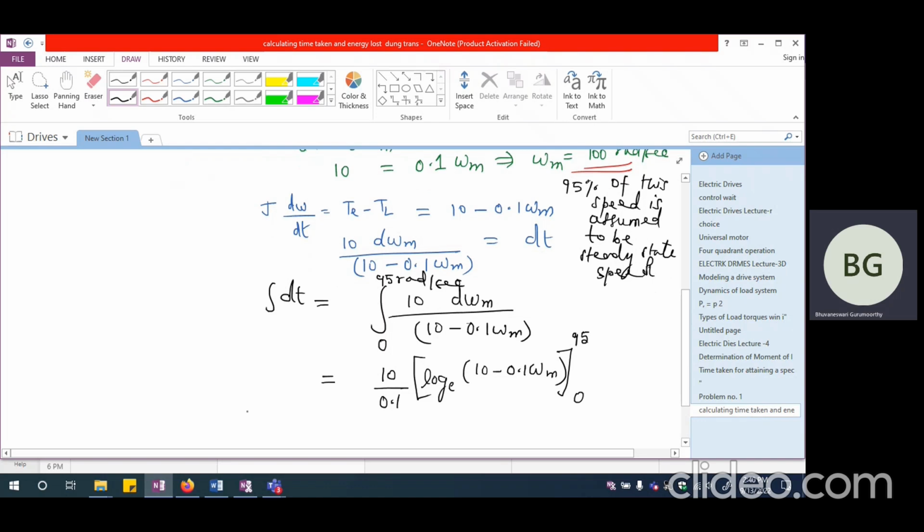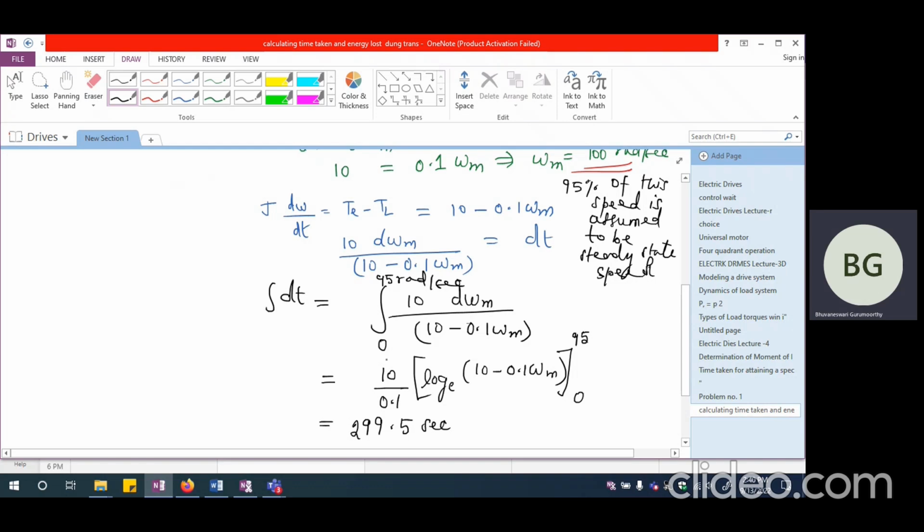When you calculate this value, it comes out to be 299.5 seconds, which means it takes almost 300 seconds for this system to reach the steady state speed. So this is a typical calculation of time taken for accelerating a drive system from zero speed until steady state speed.